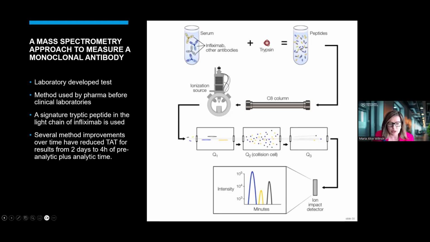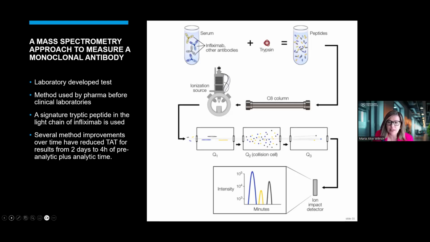So briefly, what we do here is we add trypsin. Trypsin is an enzyme that cleaves certain amino acids, lysine and arginine, and it creates smaller peptides of infliximab and of everything else. Since infliximab is chimeric, it has a 30% sequence that's murine, that comes from animals, we don't find that sequence in the normal human immunoglobulin repertoire.